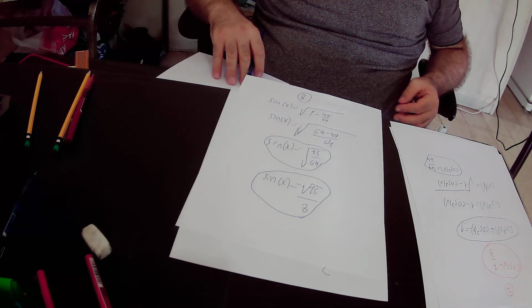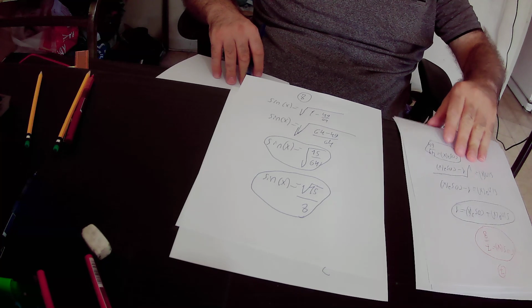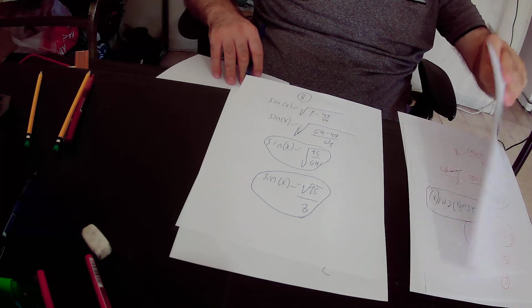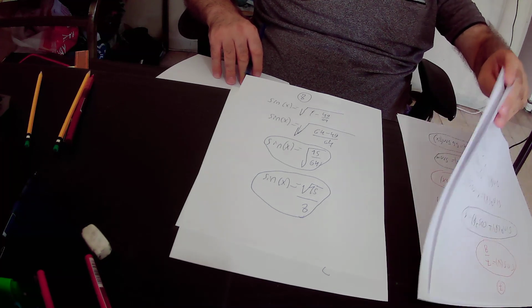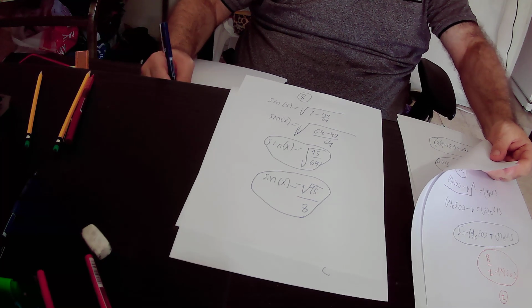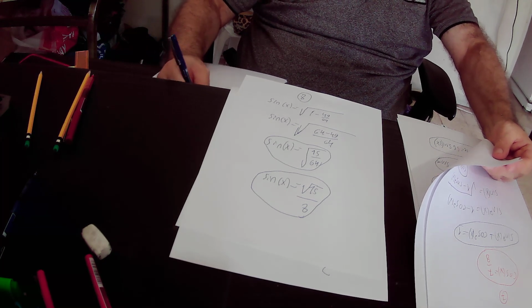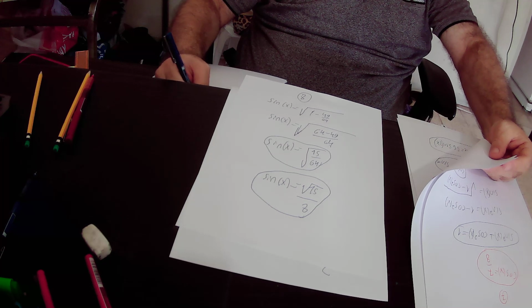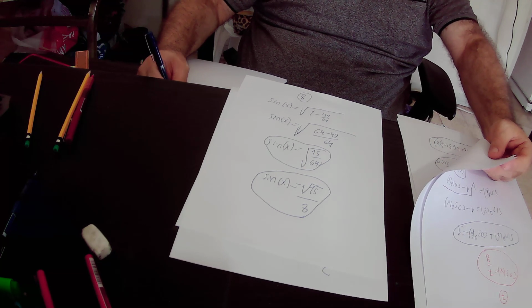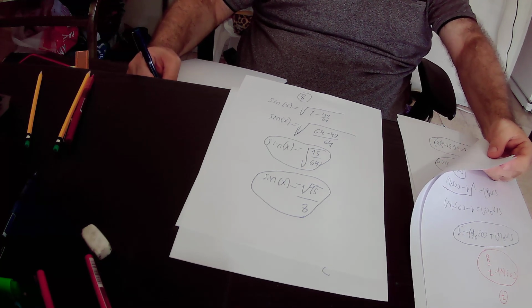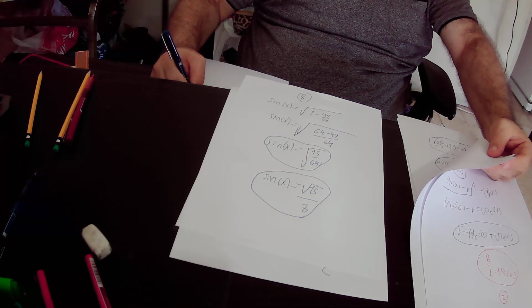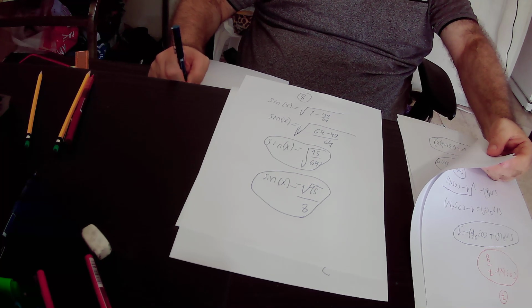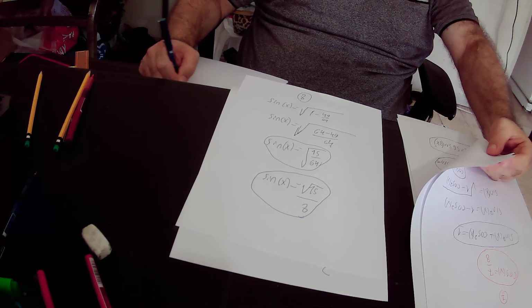But we have already found out that the area of triangle ABC equals 56 times sine 3x, and we know that sine x equals root 15 over 8.